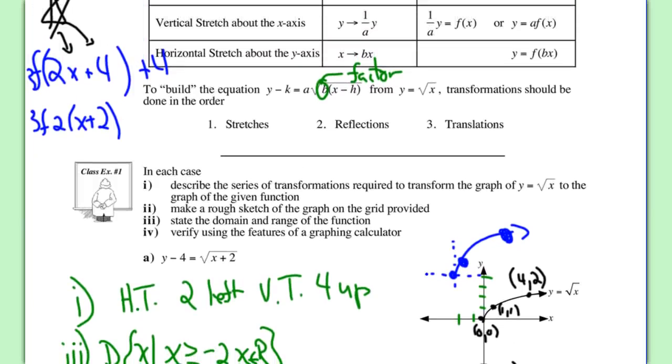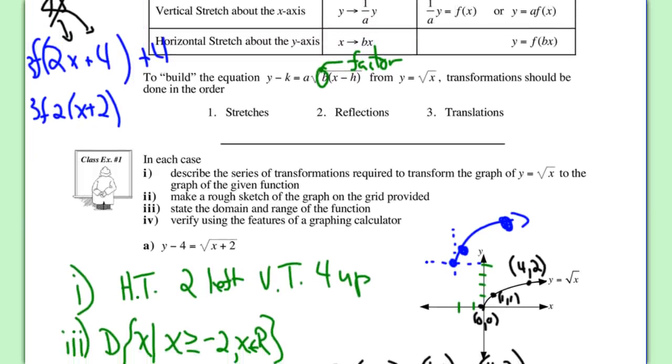So if I made a rough sketch of that over on the side, I first started off by graphing my critical points for my graph that we talked about. I'm just going to circle them in red: (0, 0), (1, 1), (4, 2), and then I simply move everything over.